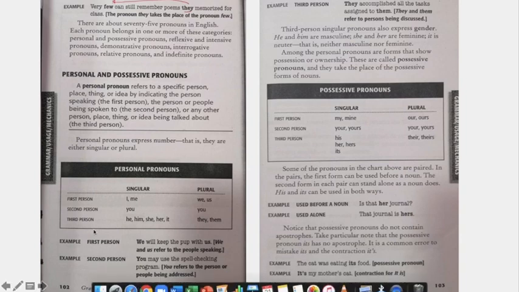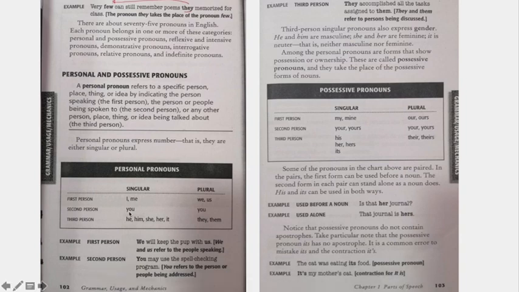Now the second person does not change, because the pronoun you always takes the plural form of the verb when we are talking about grammar. Here, the personal pronoun in the second person, in both singular and plural, is you.